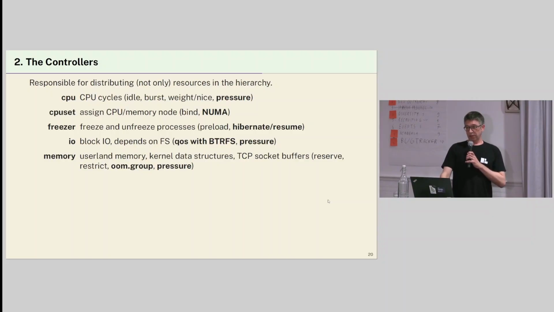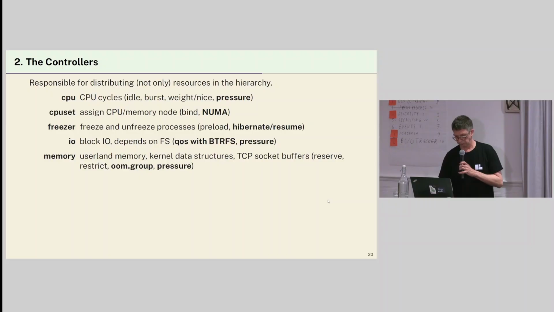And the last one, which I believe is important, is the memory one. So you get access to userland memory, to the kernel data structures, to the TCP socket buffers, and for all of them, you get the pressure, like for I/O and like for CPU, super interesting. And you get the OOM group. The OOM group, if I find my mouse, well, sorry.